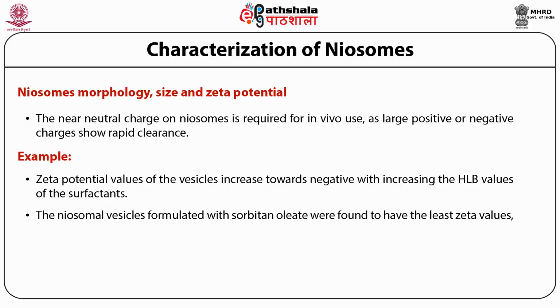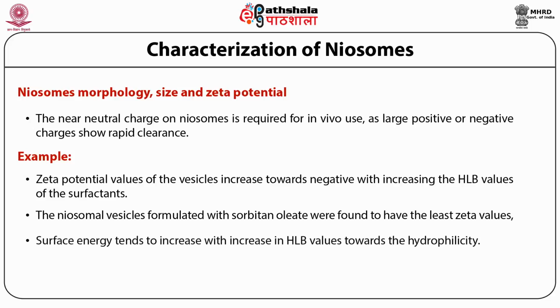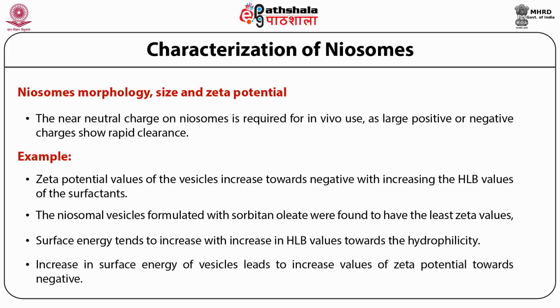In another example, the surface energy was observed and it indicated that the energy tends to increase with increase in HLB values towards hydrophilicity. Also, an increase in the surface energy of vesicles leads to increased values of zeta potential towards negative.